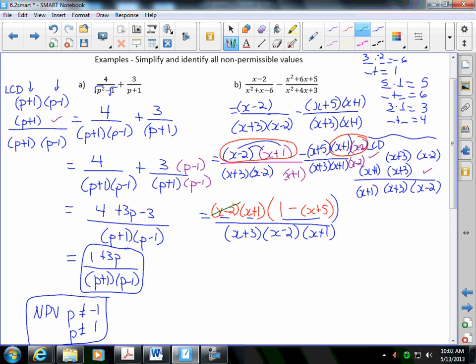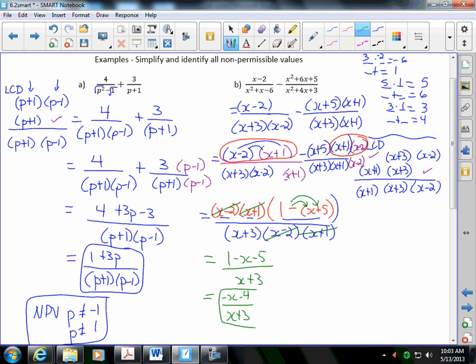So my x minus 2 and my x minus 2 will cancel, and my x plus 1 and my x plus 1 will cancel. So what I'm left with then is 1 minus x times negative 5, so 1 minus x minus 5 all over x plus 3, which is negative x minus 4 all over x plus 3.